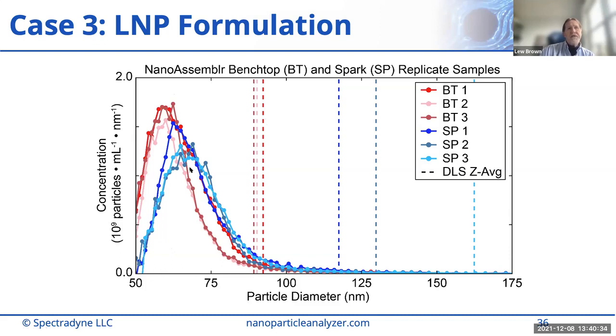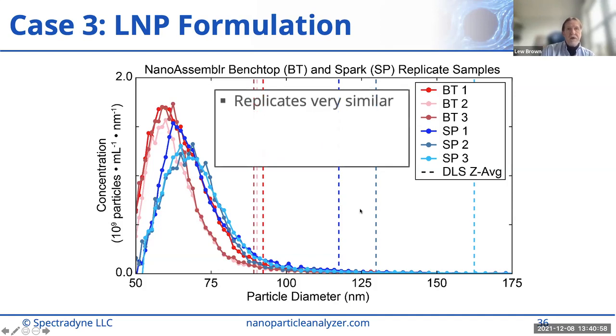And secondly, despite what the DLS said, that the Spark samples were significantly larger, they're really not that significantly larger. In fact, they're only about 10% larger in size, and they are relatively repeatable, and certainly not as unrepeatable as what would be implied by the DLS results.